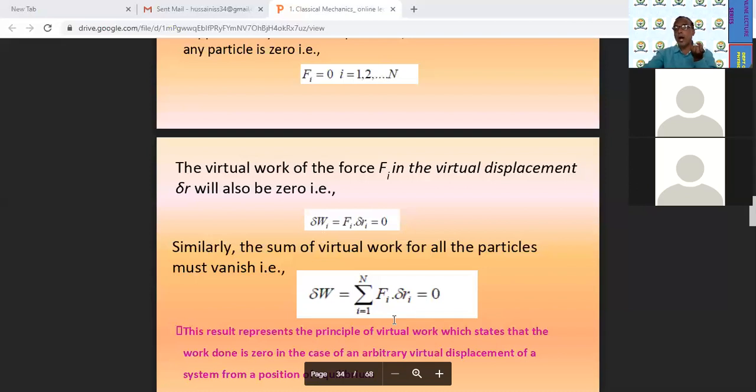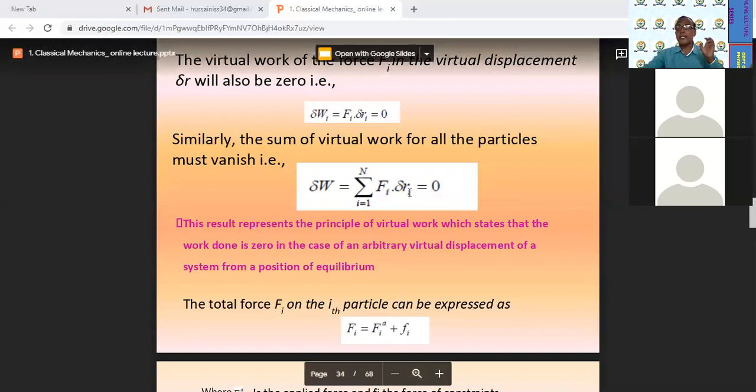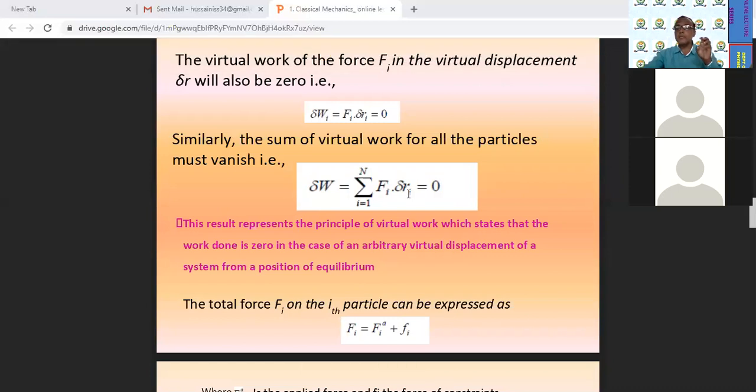इसका मतलब वर्क तो हुआ, लेकिन कैसा वर्क हुआ? वर्चुअल वर्क हुआ। एंड क्या है वर्चुअल वर्क? Let me define this result. This result represents the principle of virtual work, which states that the work done is 0 in case of an arbitrary virtual displacement of a system from a position of equilibrium.